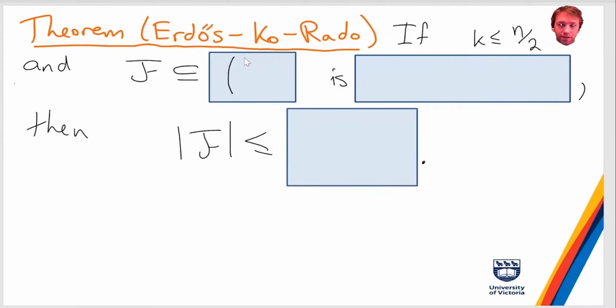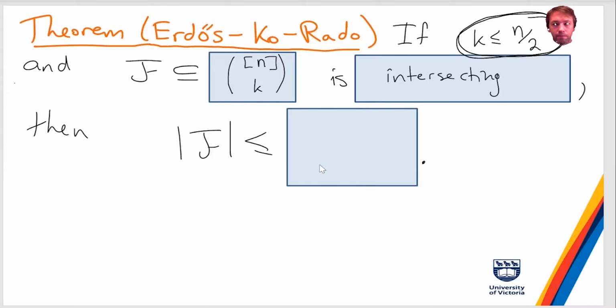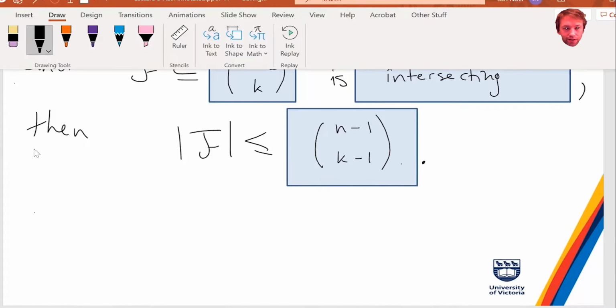If F is a subset of the k-subsets of 1 up to n, so it's a collection of subsets of 1 up to n of size k, and if it's intersecting, then, with the important hypothesis that k is at most n over 2, it has at most n minus 1 choose k minus 1 elements. Therefore, these two constructions we've seen are tight. Is the statement clear before we move on to the proof?